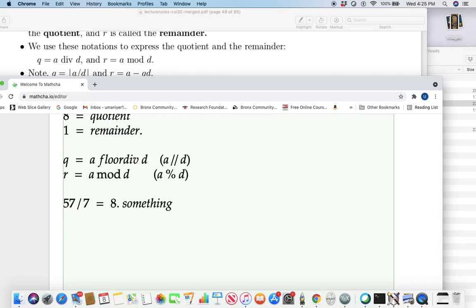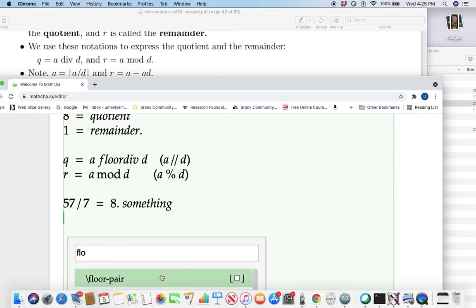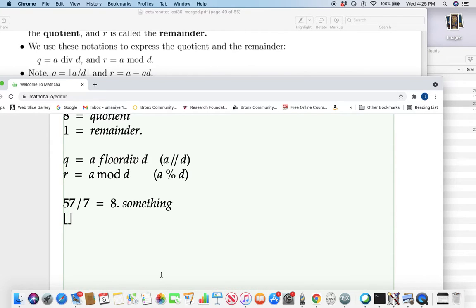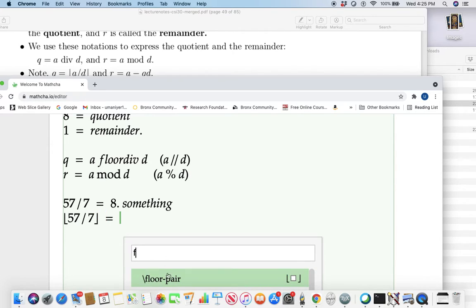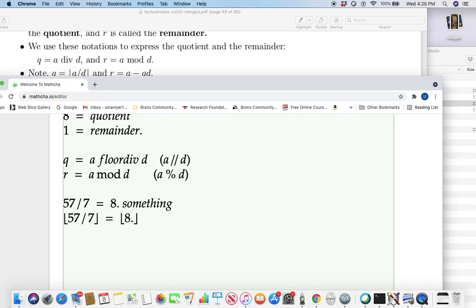In other words, the floor of 57 over 7 is going to be floor of 8 point something. Well, 8 point something floor is what? 8. And that's why it's called floor division. The quotient is called the floor division.